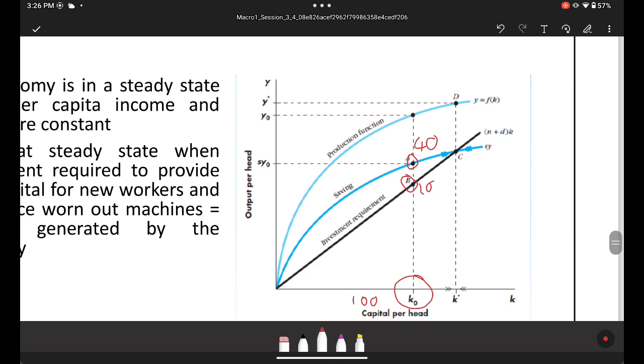Now, this is very important right here, the excess money, which is the 20. You're saving 40 rand. The investment requirement is like spending money. So if you save 40 rand but spend 20 rand, you have a surplus of 20 rand.